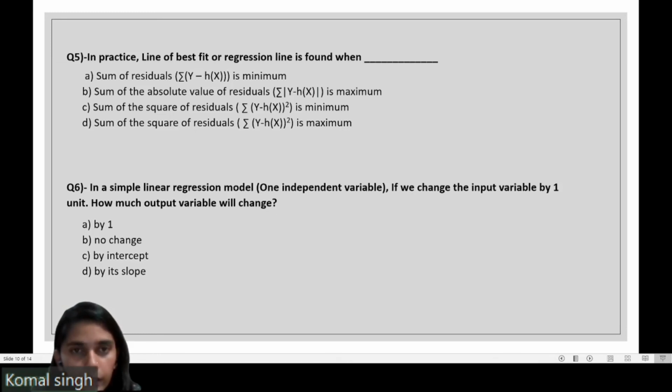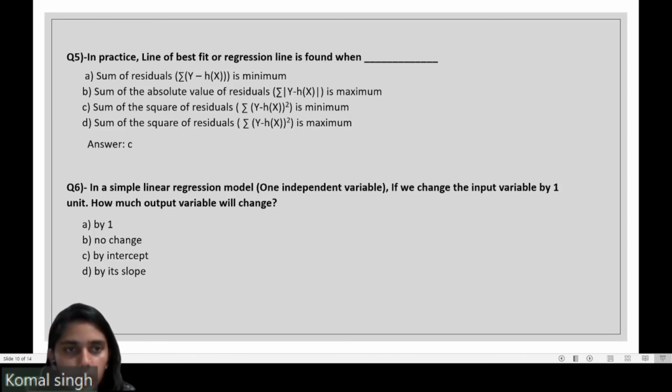So here is the difference between the higher error, then the square of the higher error, then the smallest error, which should be a minimum, and then we will get the best fit line. So the answer is C.